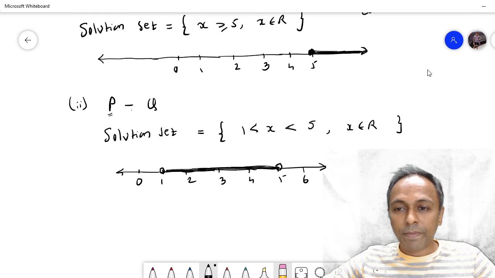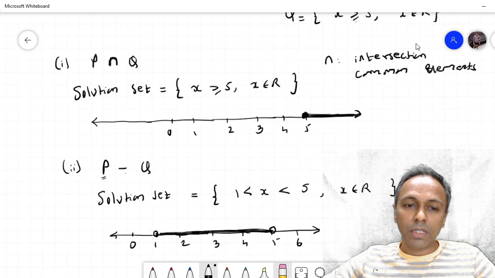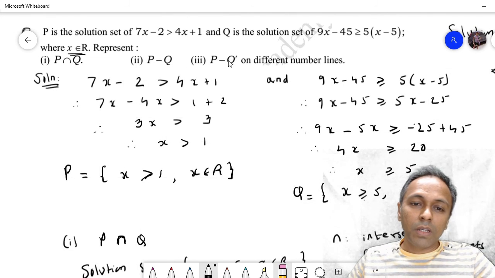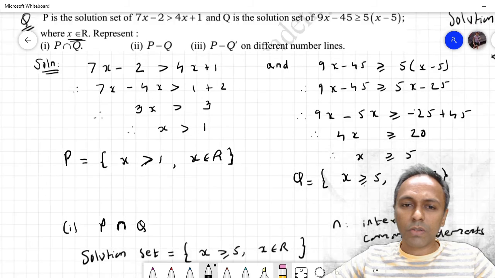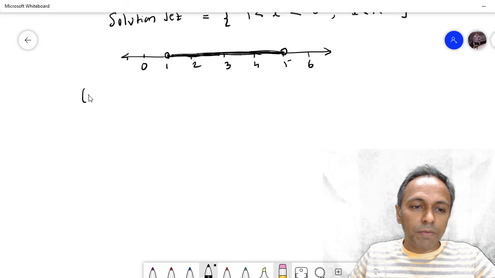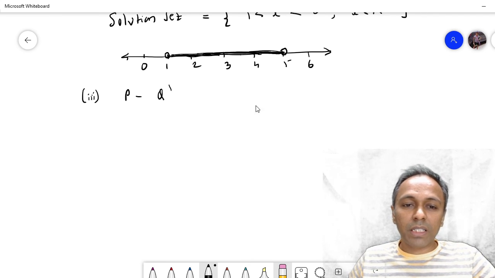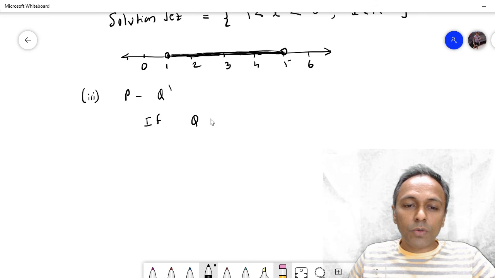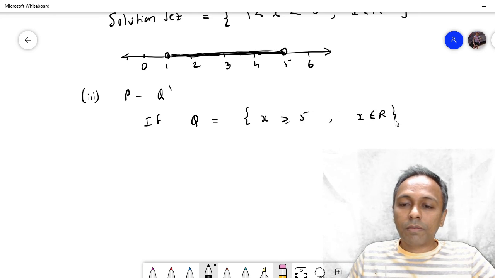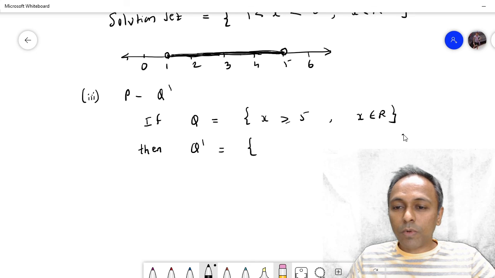Next question is P minus Q complement, Q dash, इसको complement पढ़ सकते हैं। So when you have P minus Q complement, first we have to understand that if Q is equal to x greater than or equal to 5, x belonging to R, then Q complement will be exactly opposite region.